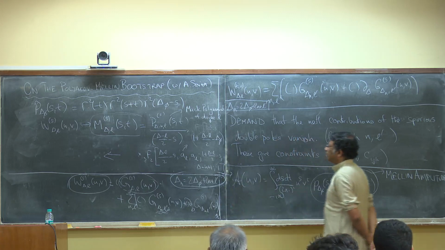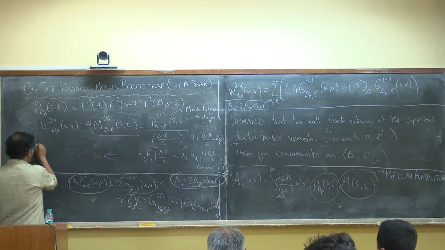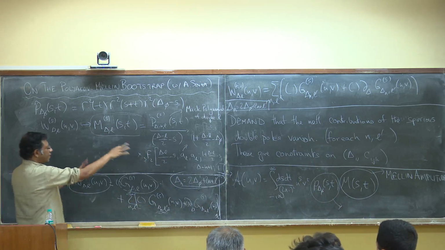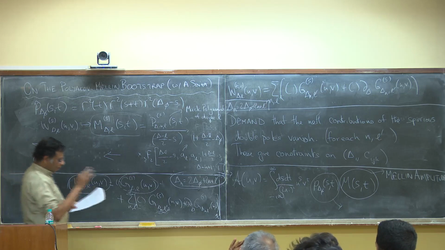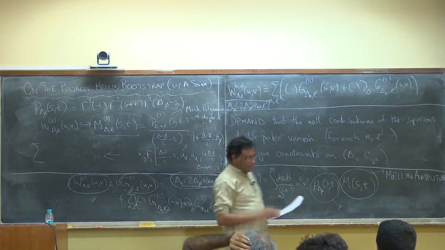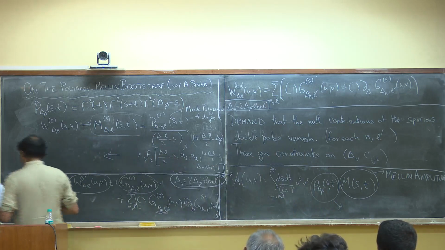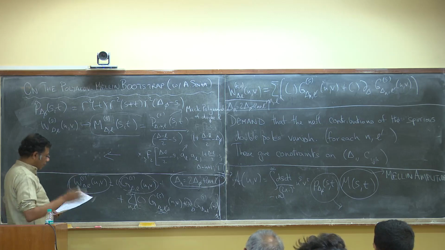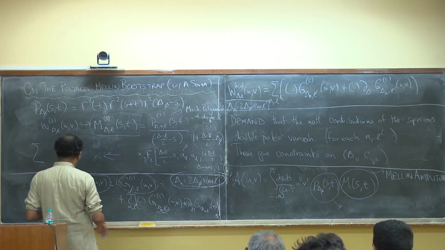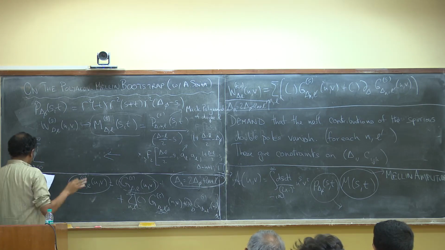So the main thing you should take away from this is that as a function of S and T, it's a meromorphic function. Meromorphic, I remind you, means the complex plane has only simple poles, no branch cuts and so on.